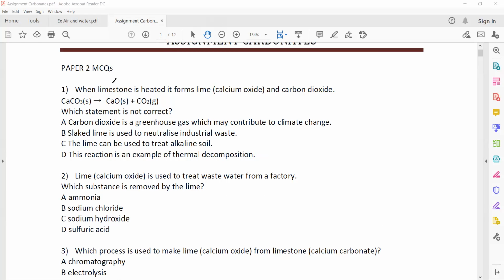Look, the first one: carbon dioxide is a greenhouse gas which may contribute to climate change. That's correct.